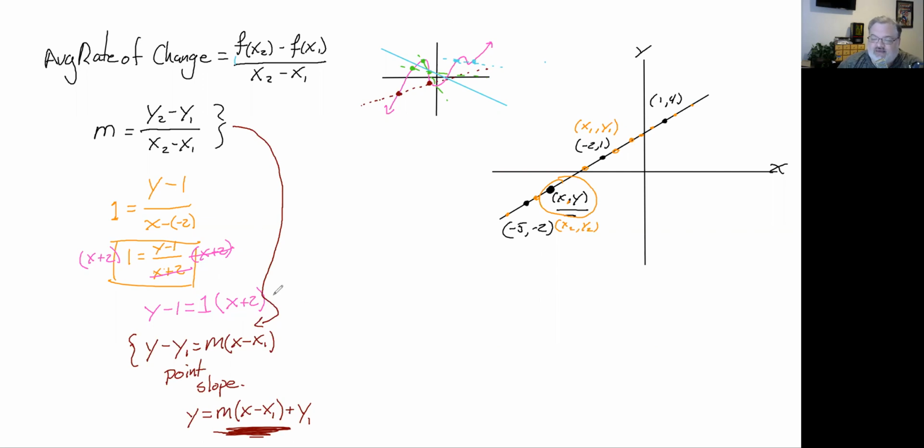But getting back to this, we certainly could distribute that 1. It would turn that side into just x plus 2 equals y minus 1. Add that 1 over, plus 1, and y equals x plus 3. And that's the equation of our line in a form that we're probably more familiar with. It's got that slope of 1 that we could write in there if we wanted to.